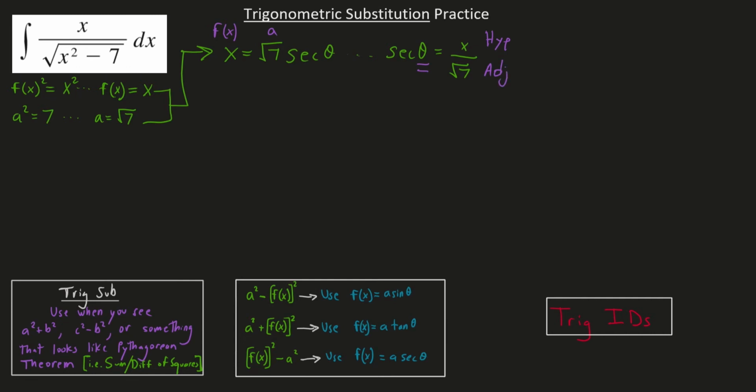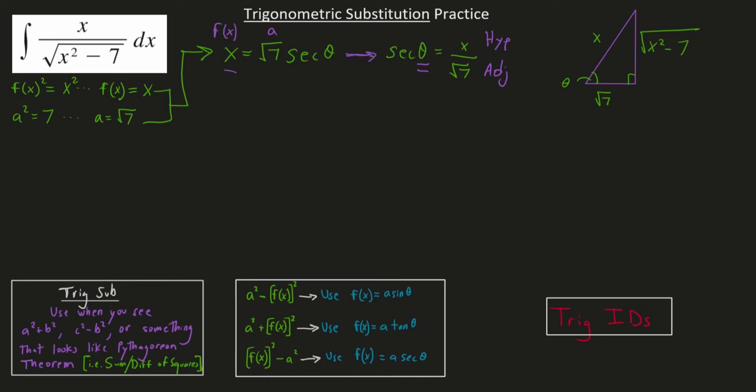So let's draw that right triangle. Of course, I want my opposite right here. So if I do my Pythagorean theorem, that'll be the square root of x squared minus root 7 squared. And of course, radical 7 squared is just going to be 7. So my triangle is completed.